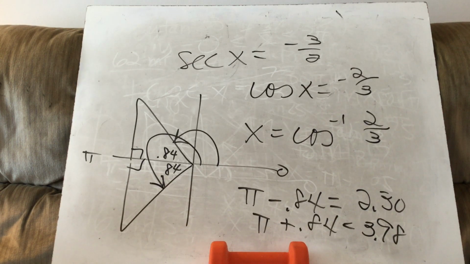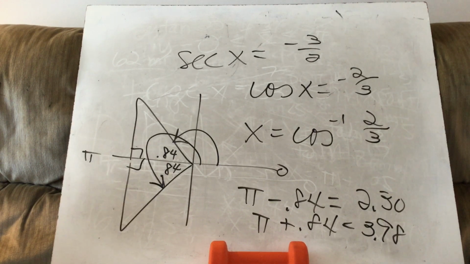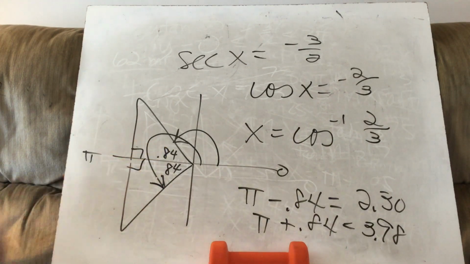All right, so quick recap, because we're switching gears completely here. When we're solving a trigonometric equation, first thing you've got to do is figure out where your answers are going to be, which quadrants they're going to be in. Then, if it's a special triangle, like a 30, 60, 90, you can do it without a calculator. But somehow you've got to find the reference angle, so you can use a calculator to do that.